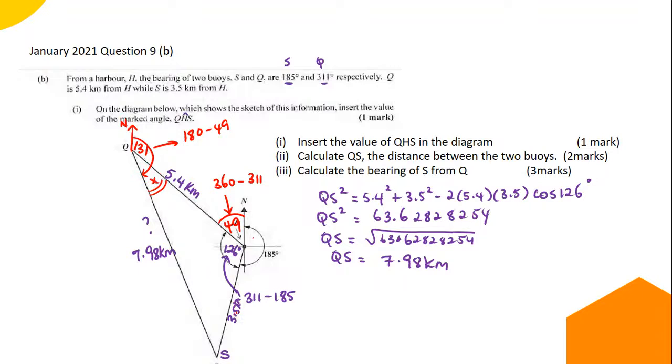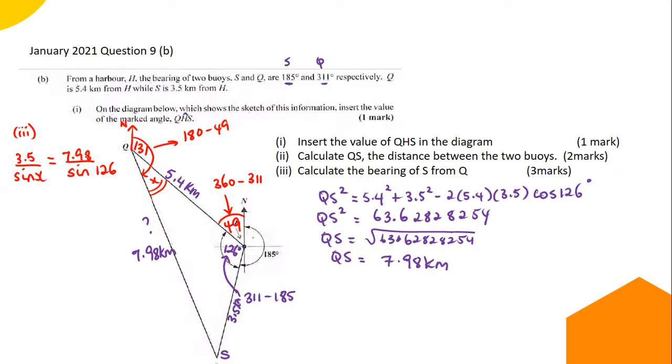So x is equal to, we have this angle here and this length, the length of 7.98 divided by sine of the angle that's opposite to this length, which is 126.